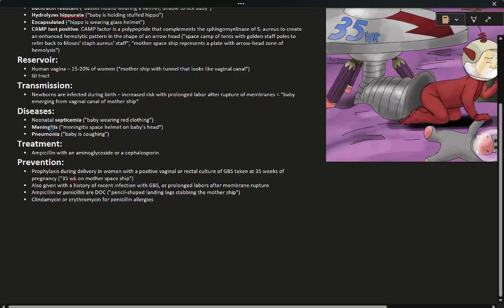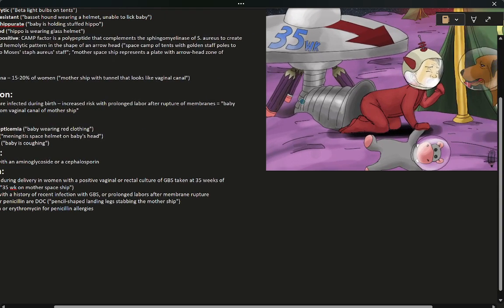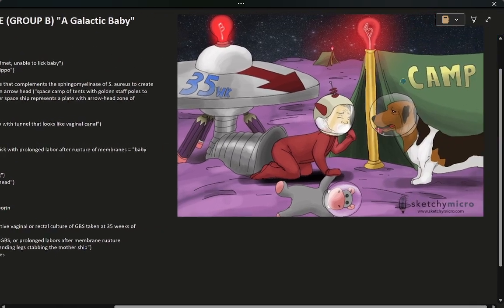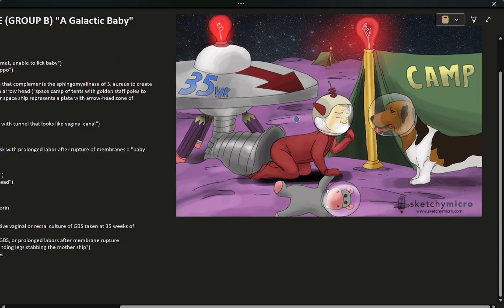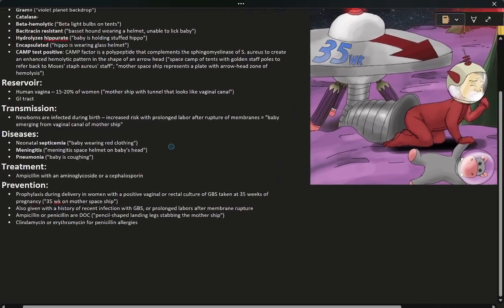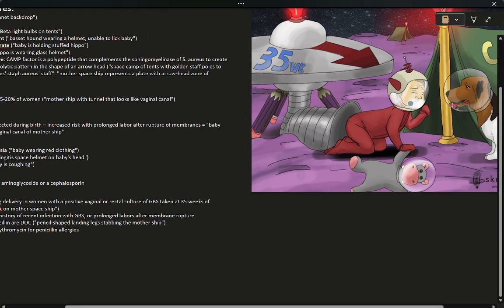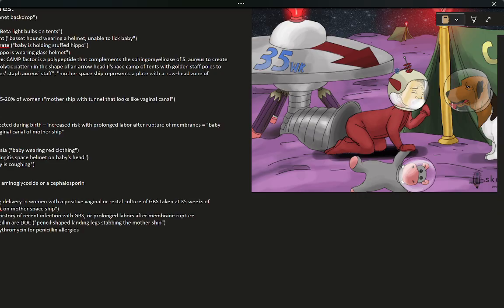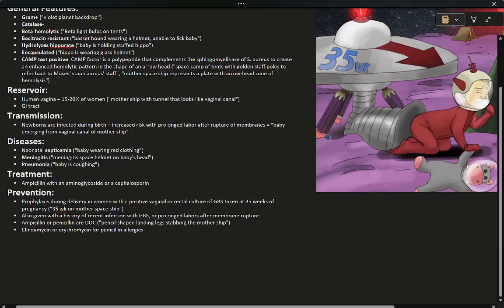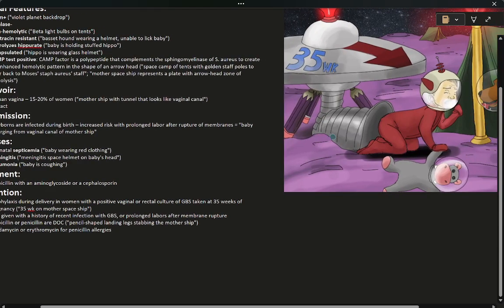So think about the meningitis space helmet on the baby's head, as shown over here. And in pneumonia, we can see that the same baby here is coughing. So coughing, and then the meningitis space helmet, and then the neonatal sepsis or septicemia with the red clothing here.